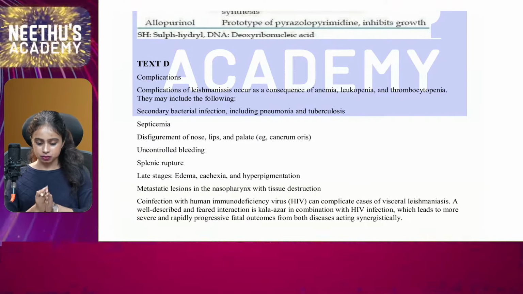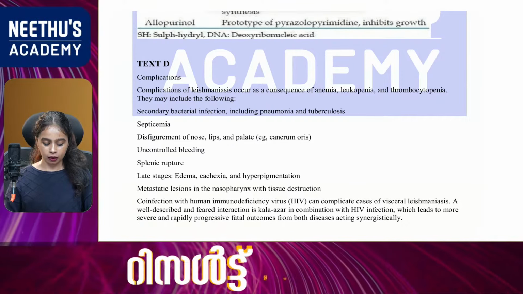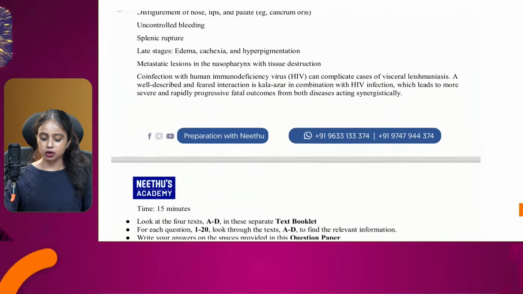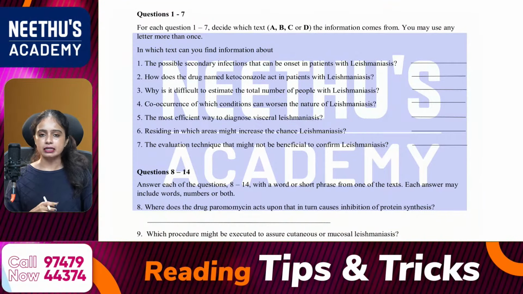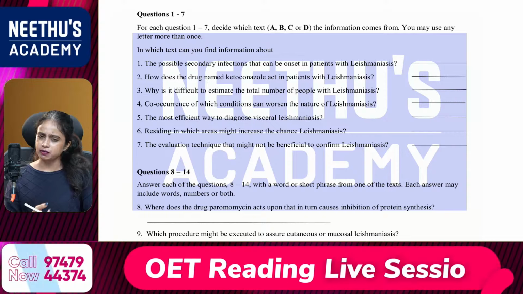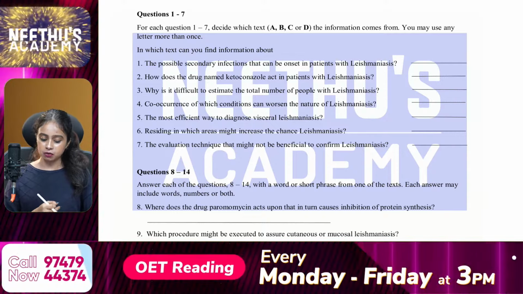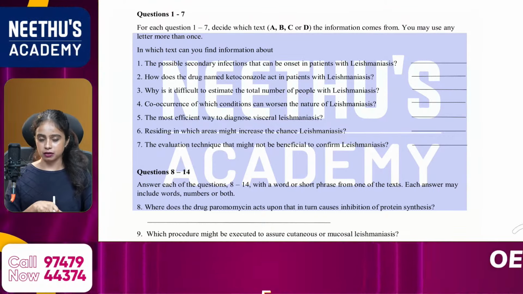From the text, what are the keywords that you will mark? If you have a proper idea about this, definitely you can score in part A. So what are the keywords from part A? You can mark all the titles. Sometimes they mention the title, sometimes they don't. If they have mentioned it, you can mark all the headings, title, then the subheadings.